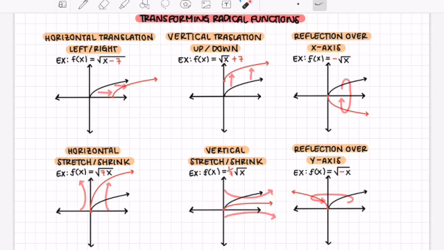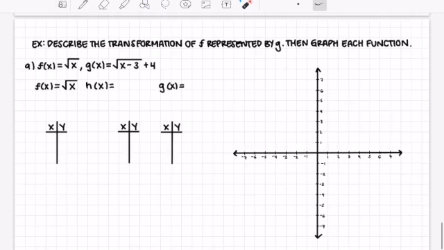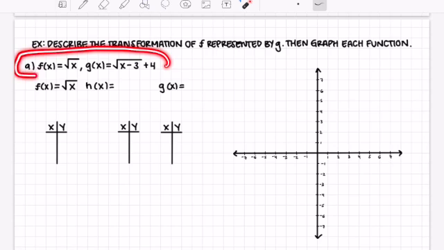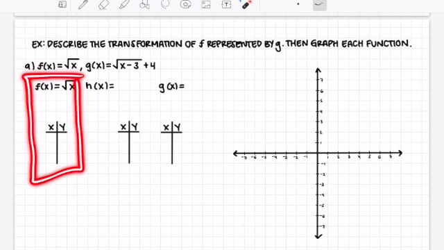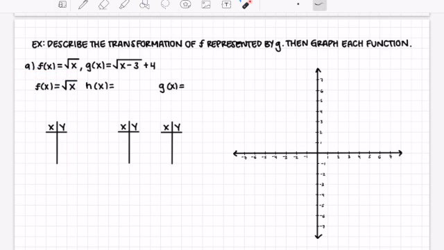Okay. And so we're going to be using our transformations to describe what's being shown and then graphing out our transformations afterwards as well. So let's say that we have here f of x is equal to the square root of x, and we're given the transformation square root of x minus 3 plus 4. Let's start off first with our original function, f of x equals square root of x.